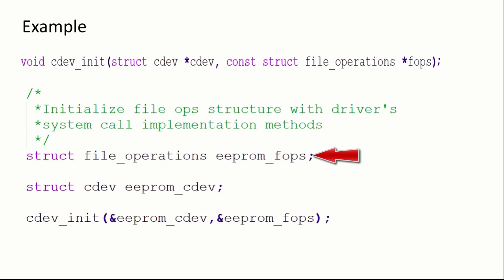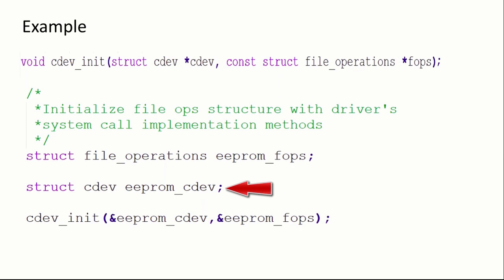After that, you have to initialize this file operations variable with your driver's file operation methods. You have to populate the function pointers of your driver's file operation methods. And after that, you have to create one more variable, the cdev variable. For example, here I have created xyz_cdev, a variable of type struct cdev.